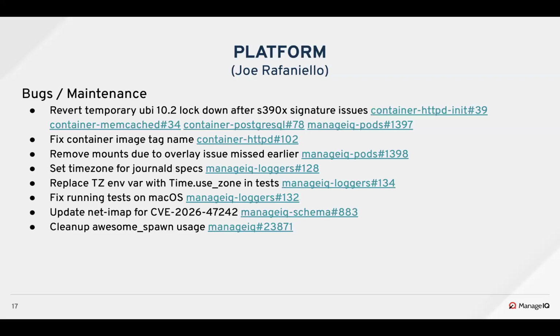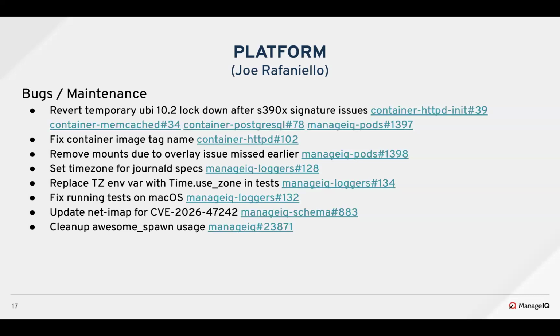For bugs and maintenance this sprint, in pods and the container repos, Brandon reverted the temporary UBI 10.2 lockdown after the issues were resolved in newer UBI images. In container HTTPD, Brandon fixed the EL10 container image tag name. He also removed mounts due to an overlay issue that was missed in earlier pull requests in pods.